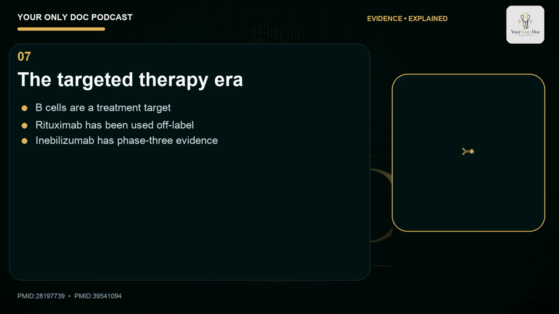It reduced disease flares and improved the chance of flare-free complete remission. Inebilizumab subsequently became an approved treatment for adults with IgG4-related disease in the United States. Treatment choice still requires specialist assessment, infection screening, vaccination planning, and individualized risk discussion.